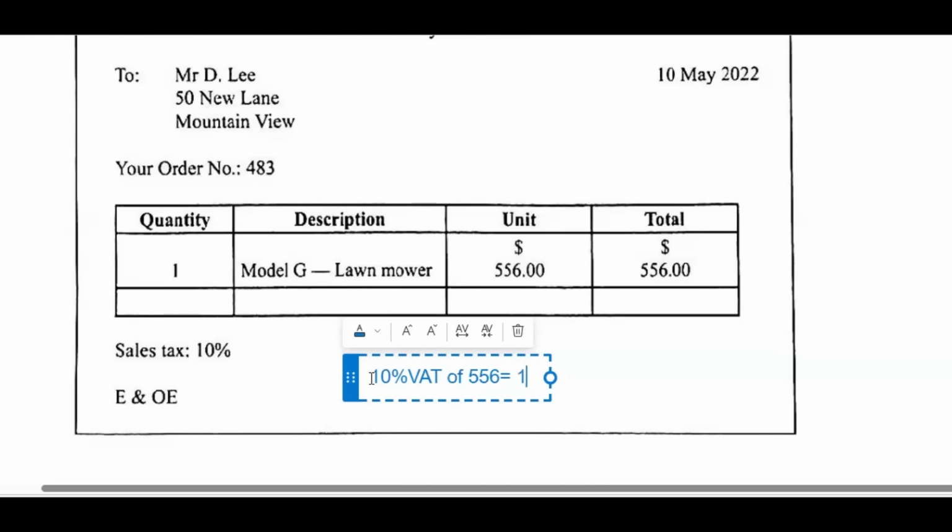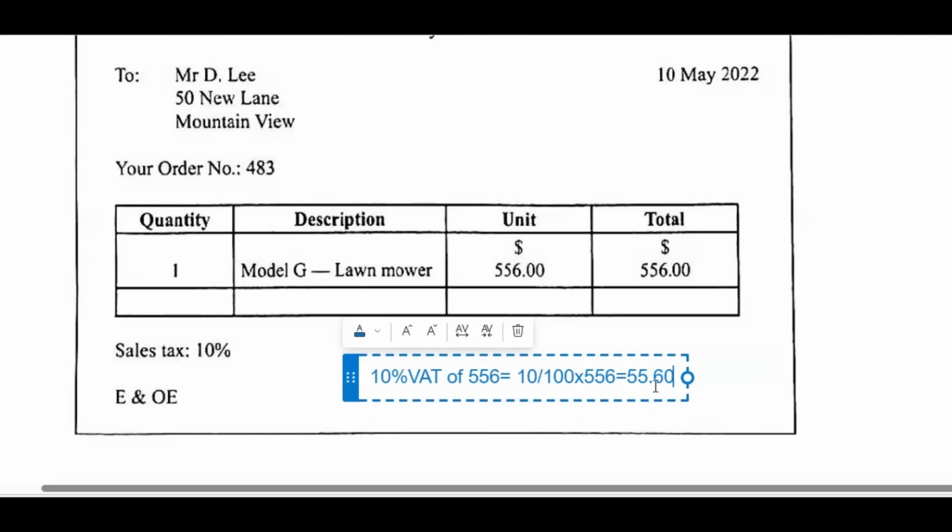So that will be 10 divided by 100 multiplied by 556, right? Remember, you will not be allowed to use your calculator in the room. So 10% of 556 is, use your calculator in your head, $55.60. Remember, this is not a discount. This is sales tax.